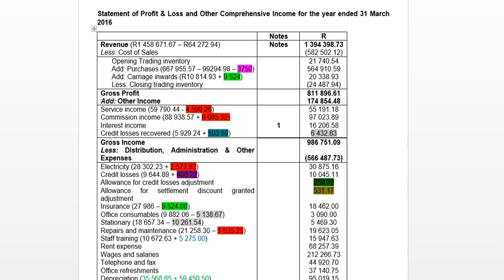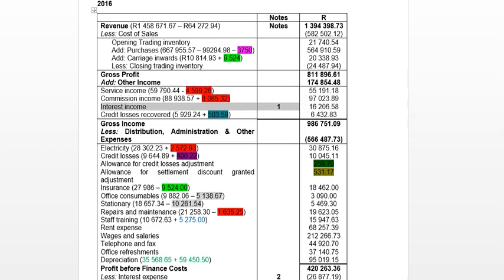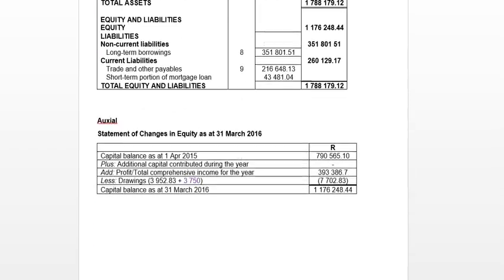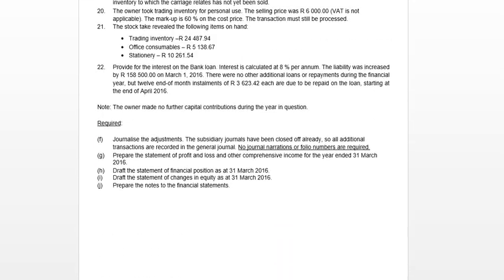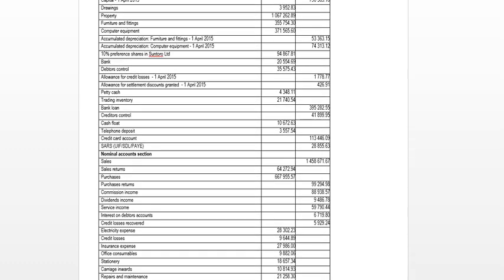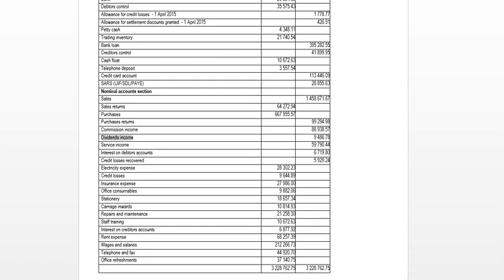So our total credit losses recovered was 6,432 Rand and 83 cents. And then the only other income that we have is our interest income. And for that, we're going to have a look at note number 1. So in note number 1, our other interest will then be dividend income.